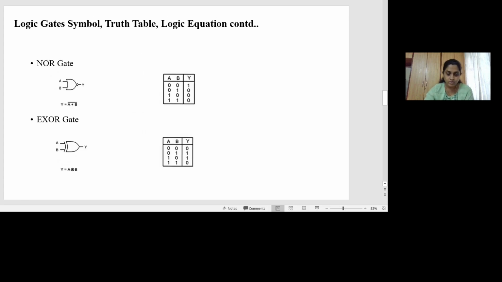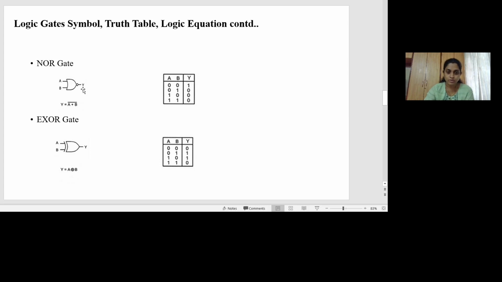Now let's look at the next gate, which is our NOR gate. Here you can see the Boolean expression. It has to be read as y equal to a or b, and it is complemented.